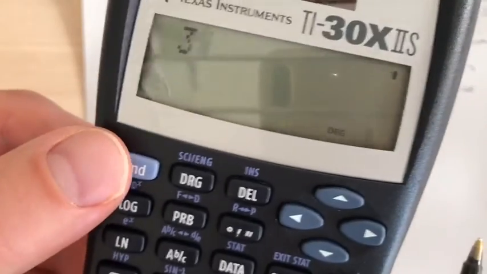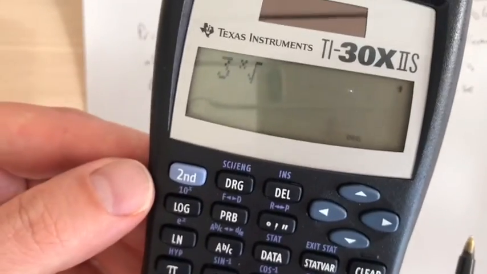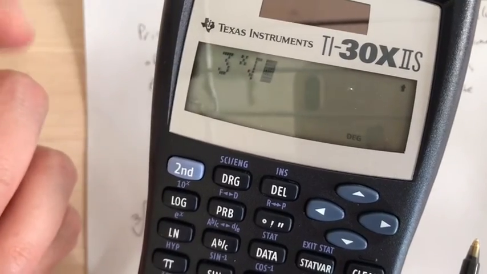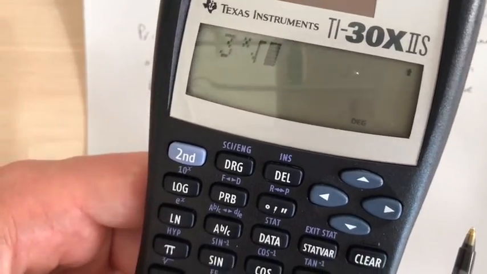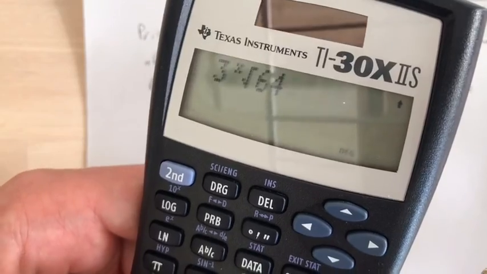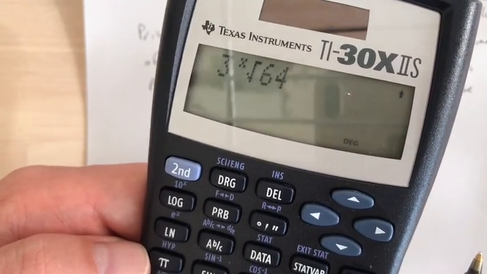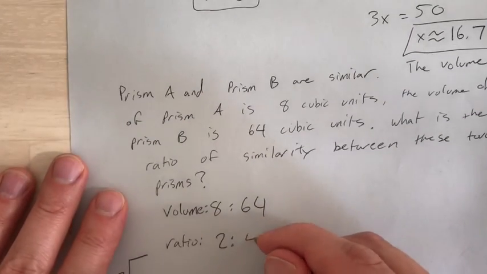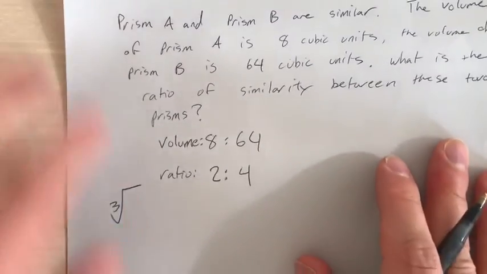If you go second and that puts this on the screen, that 3 would be the index of that root. And then you would type in the number that you're trying to cube root. So in this case, 64. The cube root of 64 would be 4. So 4 times 4 times 4 is 64. That's how you would do that on a calculator.